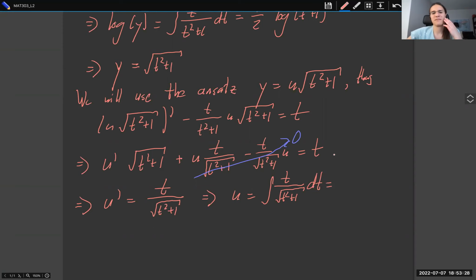What is it? Is it just square root of t squared plus 1? Yeah, because we just differentiated that to get this expression right here, right? So sort of the question already told us what this integral was. I think that if you were trying to integrate it naively, you'd involve a trig substitution. And then let's add in the constant here.